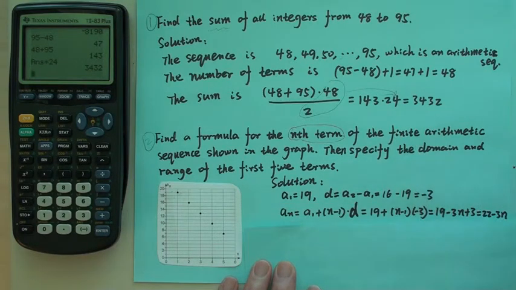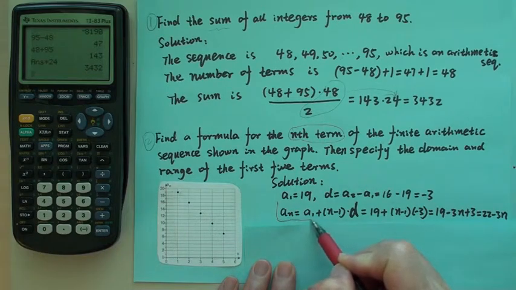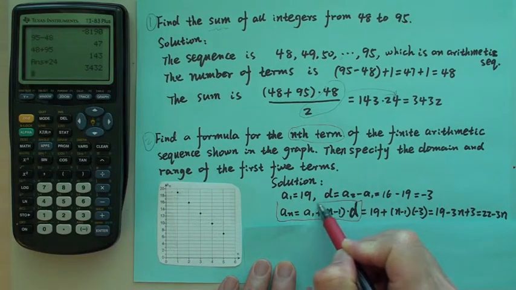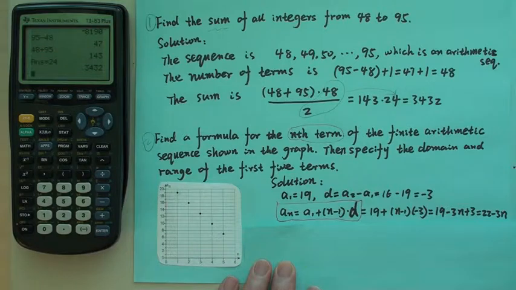Up to now, this formula should be in your mind very firmly. So that will be: the first term is 19 plus n minus 1, again 1 less than n, times the common difference.